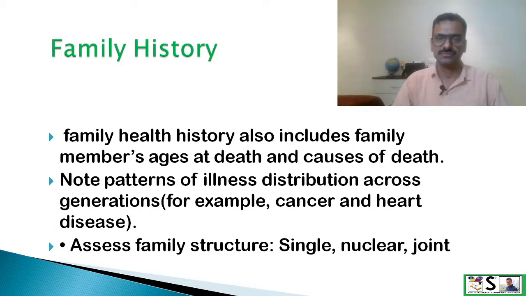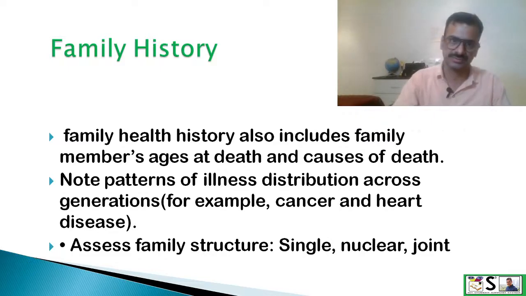Family history also includes family members' ages at death previously, cause of death, pattern of illness and distribution across the generations like cancer, heart disease, etc. And assess family structure, whether single, nuclear or joint.